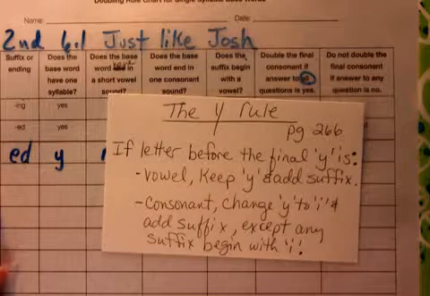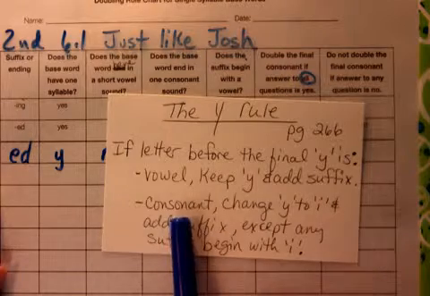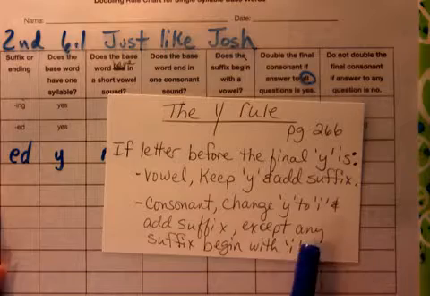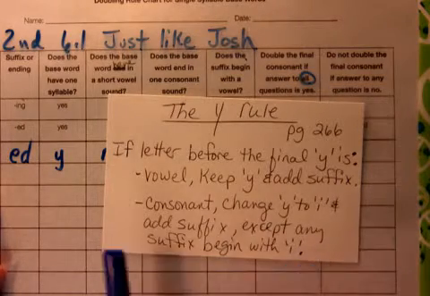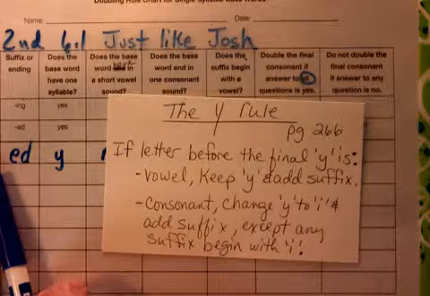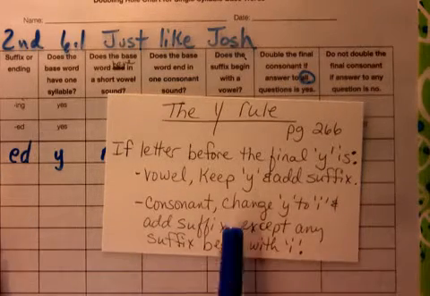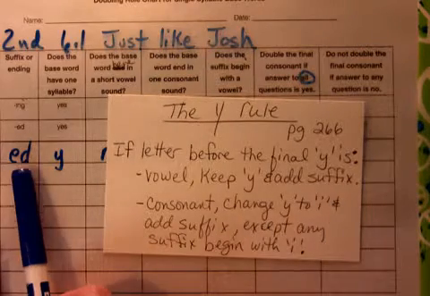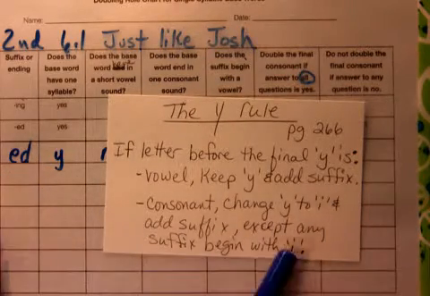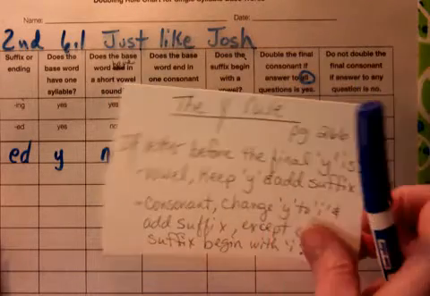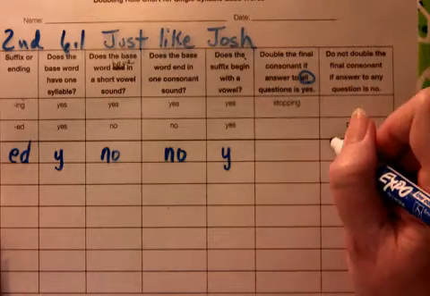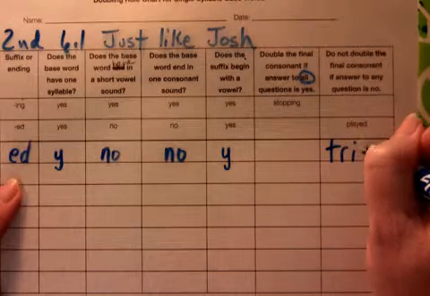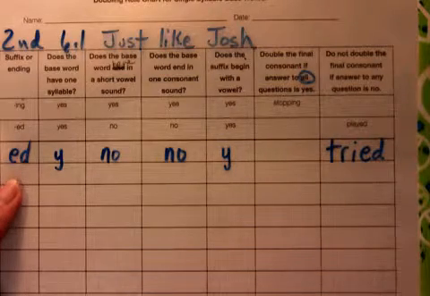If the letter before the final Y is a consonant, then you'll change the Y to an I and add the suffix, except any suffix beginning with an I. So, the letter before the final Y is a consonant, so we'll change the Y to an I before adding the ED. ED does not start with an I, so we don't have to worry with the exception. So, the word is going to be: change the Y to an I and add ED. Tried.